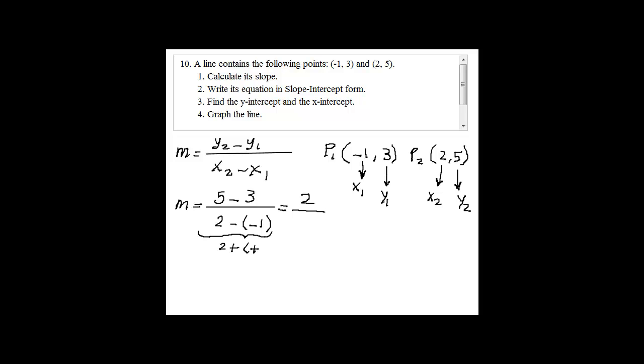When you subtract integers, you change subtraction to addition, and you change the second number to its opposite. So 2 plus 1 would be 3. So it looks like the slope, as Roberto said, is 2/3.